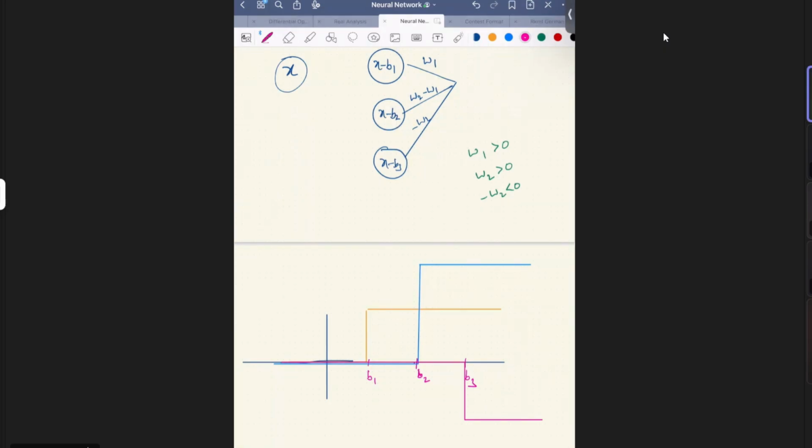Yes, sir. So now the question is whether W2 minus W1 is positive or negative. It is positive because W2 is greater than W1.